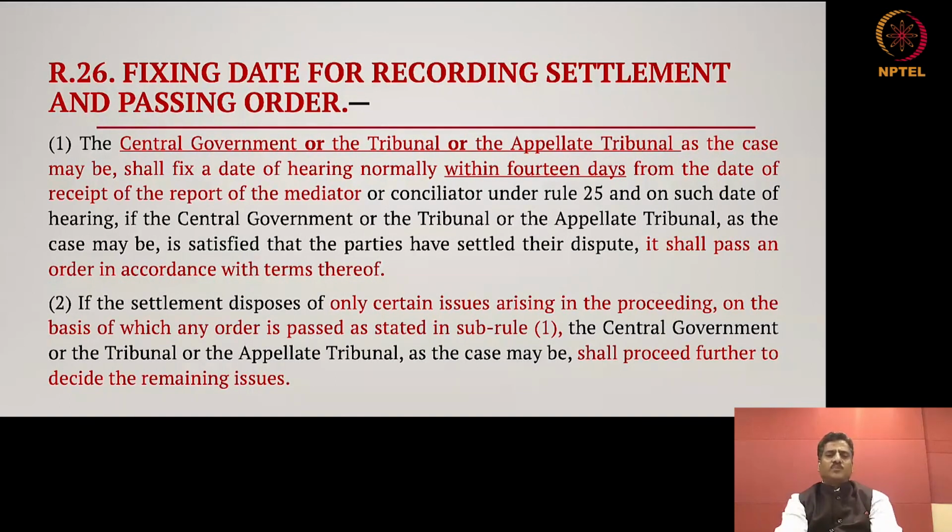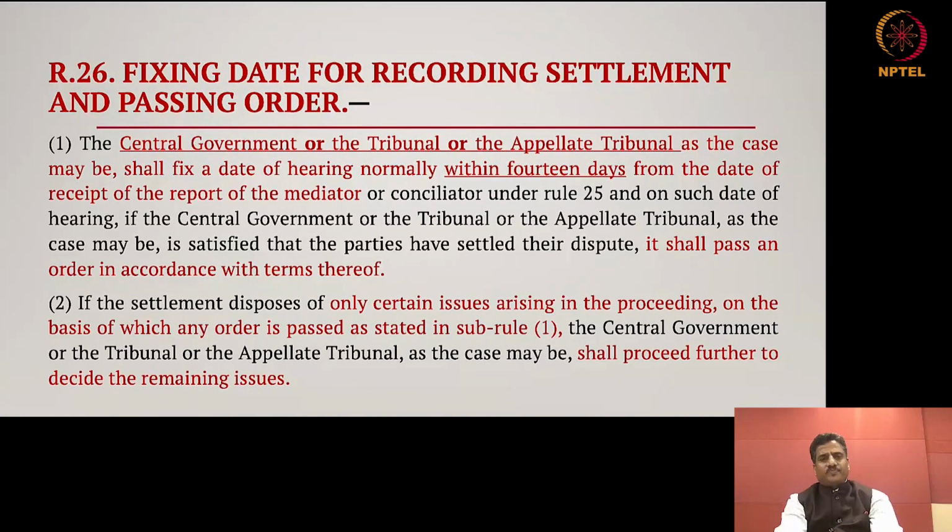If the settlement disposes of only certain issues arising out of the proceedings on the basis of which any order is passed, as stated above, the central government or tribunal shall proceed further to decide the remaining issues.